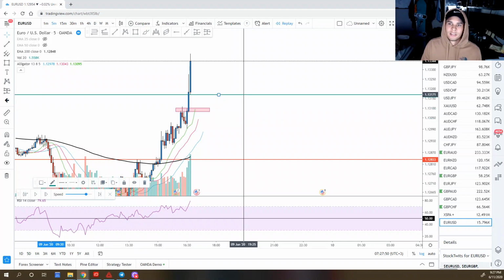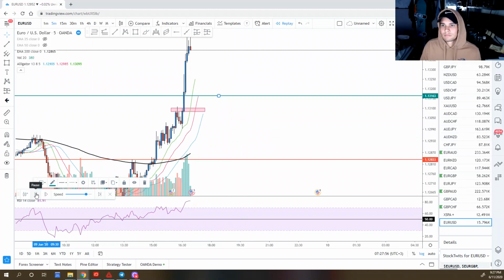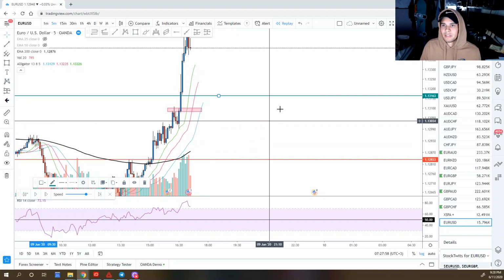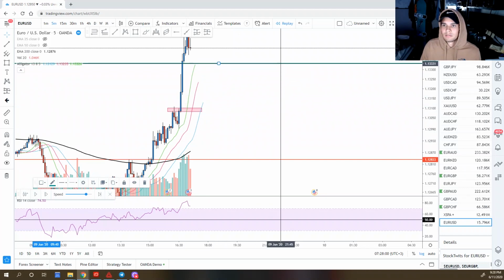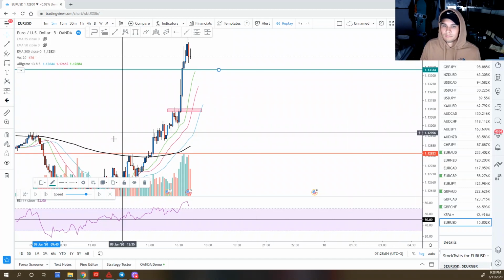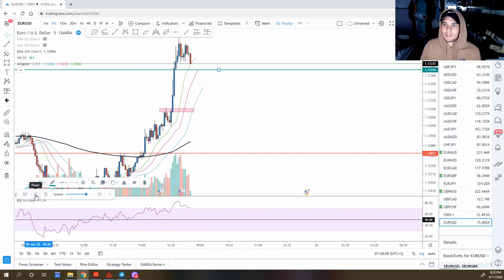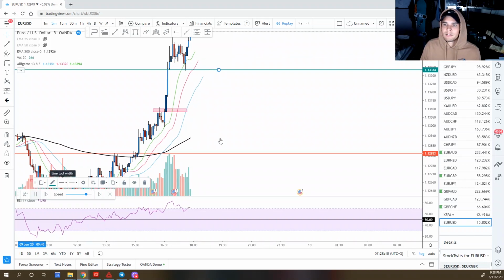If we wanted to keep going, we don't want to trail our stop right there. Oh my goodness. Trail our stop up there. What is going on? Still going. Oh, then we got stopped out.